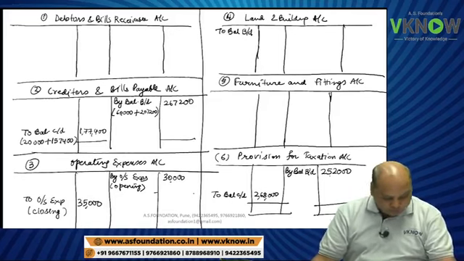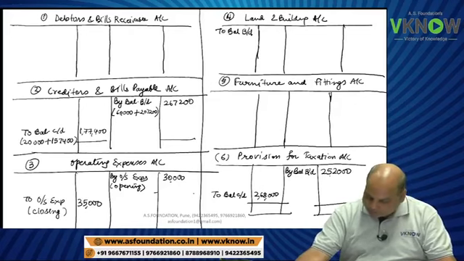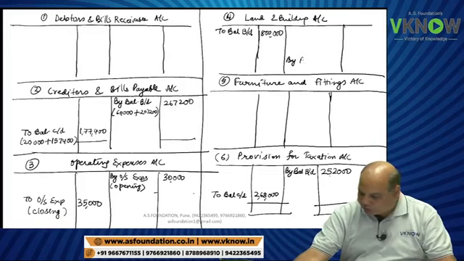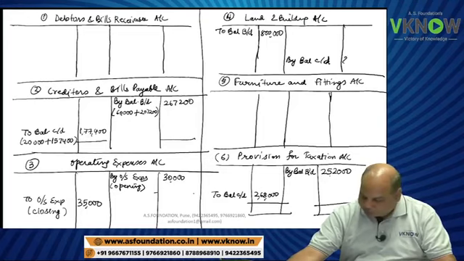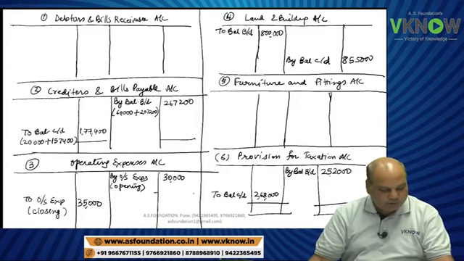To balance brought down will be 8 lakh. And on the credit side write down, last line, by balance carried down. How much is that? 8,55,000. Just keep it here. We will come to this. Don't worry.